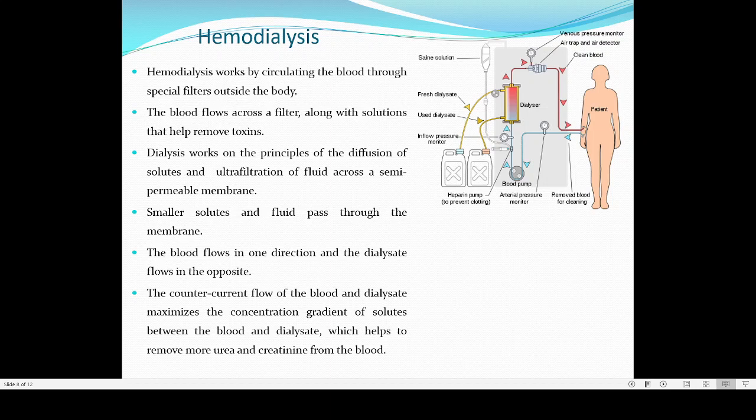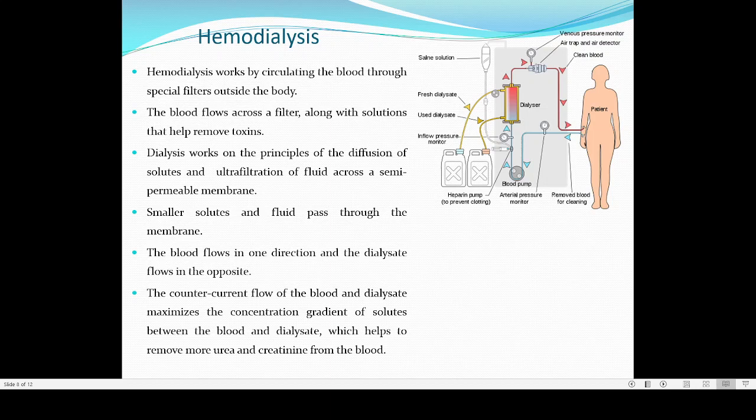Inside this machine there is a unit like this with several tubes, and the impure blood will be taken into it. Around these tubes there will be a solution, and this is the dialyzing solution.